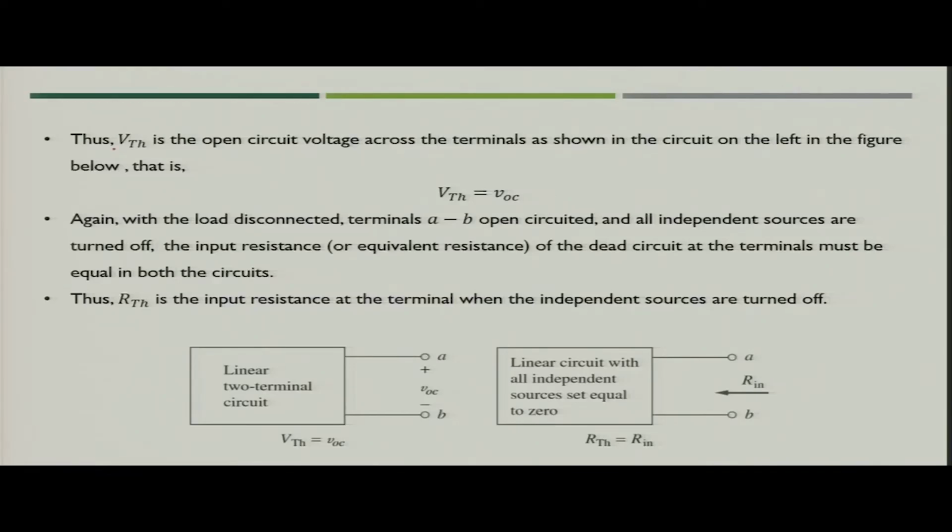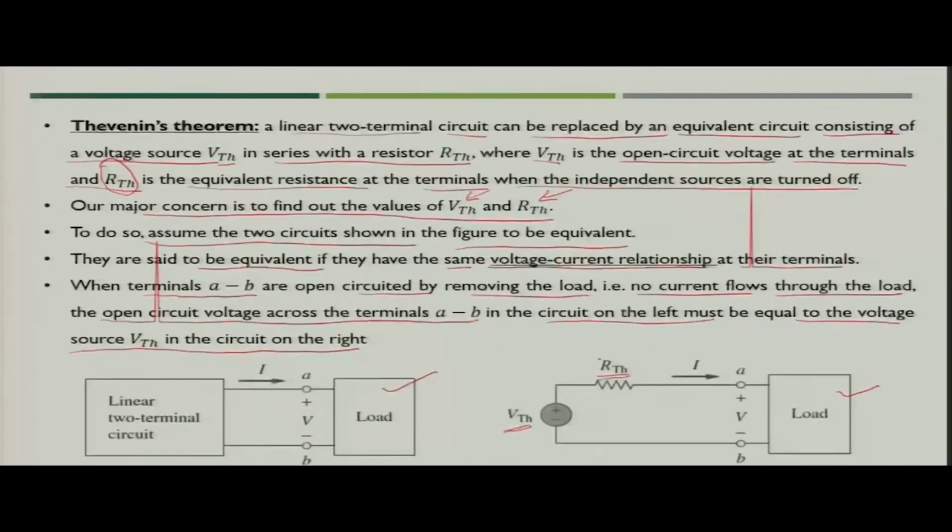How? Because VTH is the open circuit voltage across the terminals. When you remove the load, you will see some voltage, let us say it is VOC. Similarly, for the Thevenin equivalent, if you remove the load, you will again get the value VOC, and these two VOCs are the same, because this VOC would be nothing but VTH.